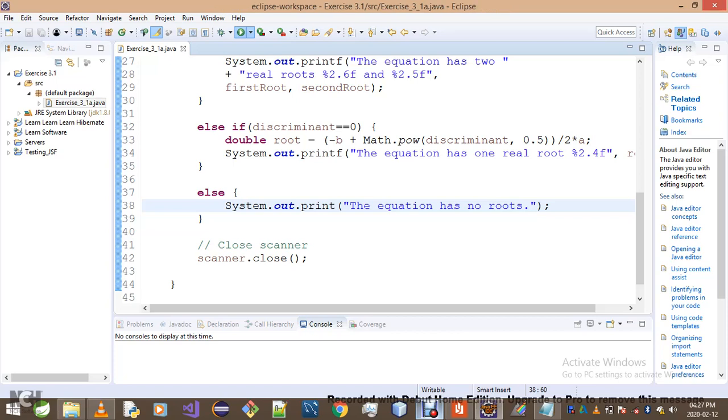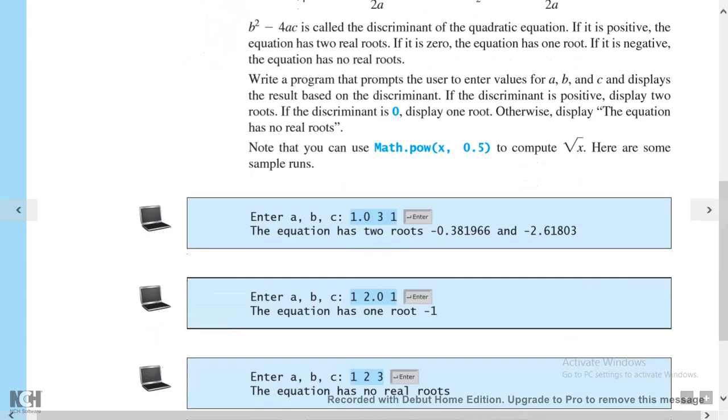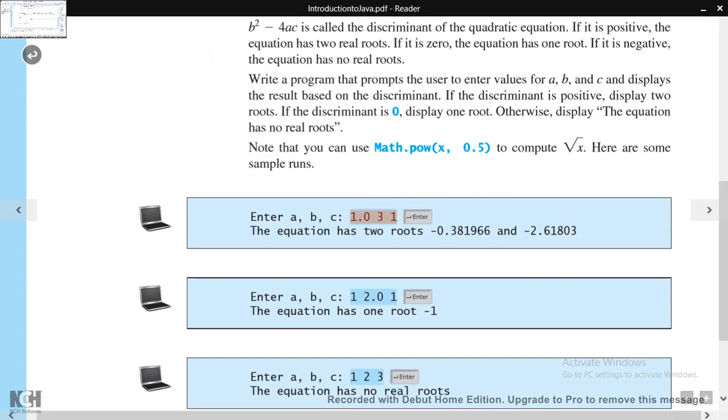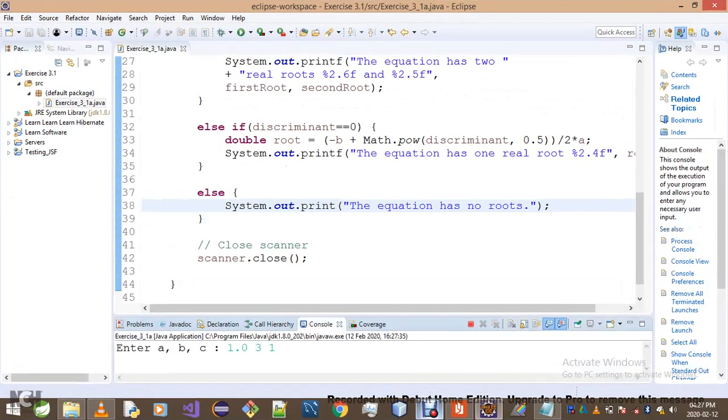So basically now let me take the exact values they decided to use here. So it's 1, 3 and 1. I'll try to put exactly that and see what we get.